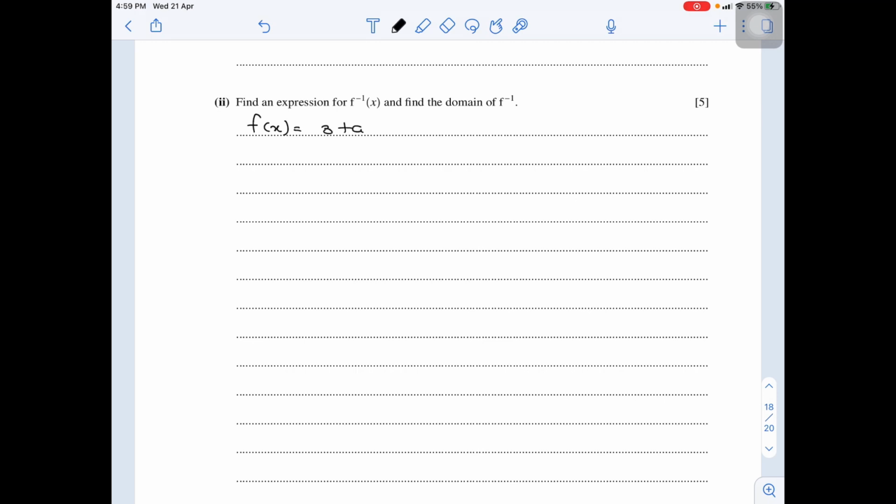Let's try number 2. Find the expression for f inverse x and find the domain of f inverse x. f(x) is 3 tan(x/2) minus 2. So let y become f(x). So y is 3 tan(x/2) minus 2.